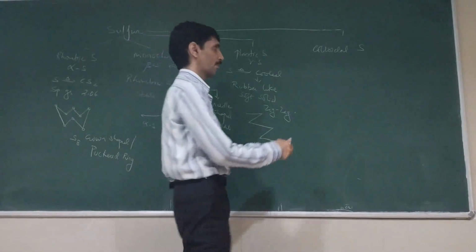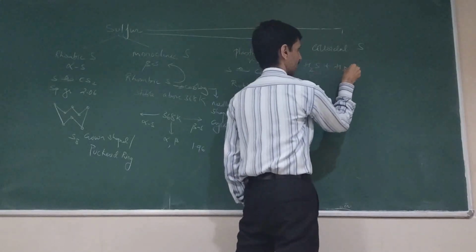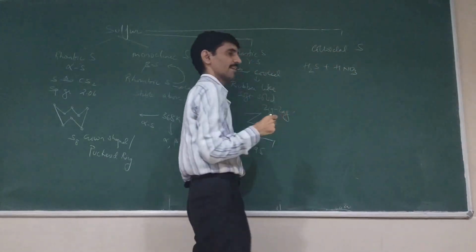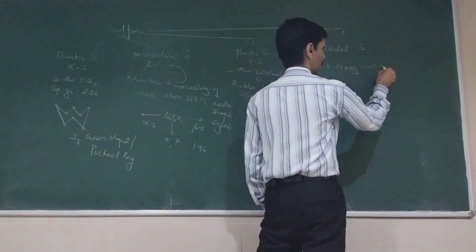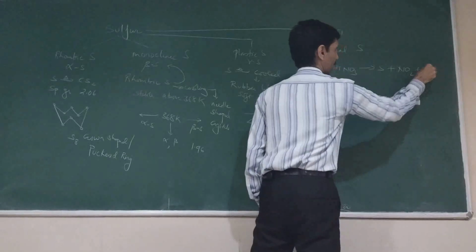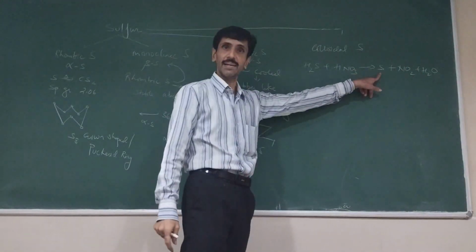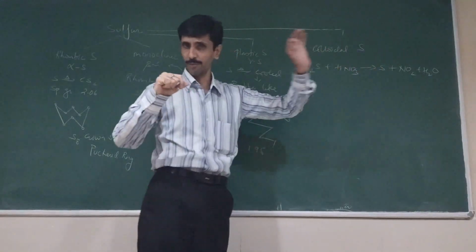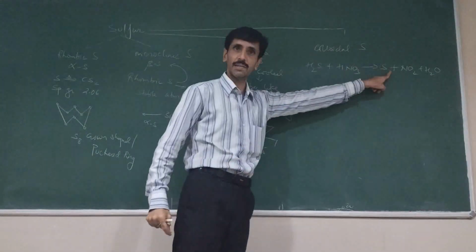Now the easiest way of preparing colloidal sulfur is by a chemical reaction, and that is treatment of nitric acid with H2S. So that results in the formation of colloidal sulfur plus NO2 as well as H2O. Okay, so this is the colloidal sulfur that we get. Here a piece of caution which I want to say: don't draw a downward arrow here.